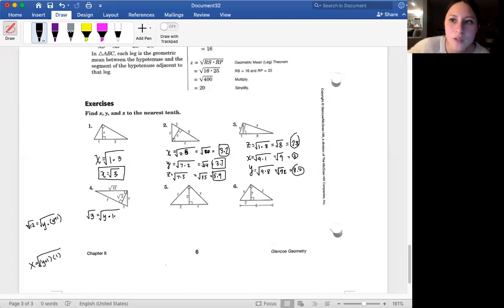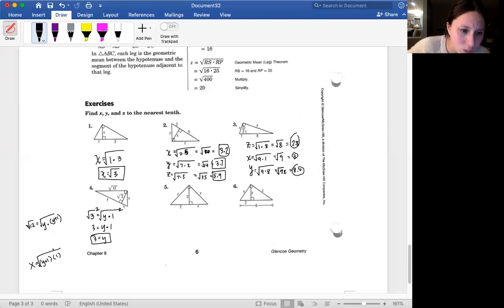All right, let's see if we can find y. To get rid of the square root, we can square, do the opposite. If we square both sides, then I have y equals y times 1, which really is just 3. So y equals 3.